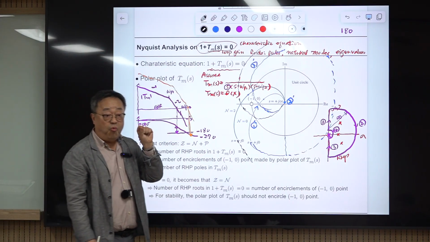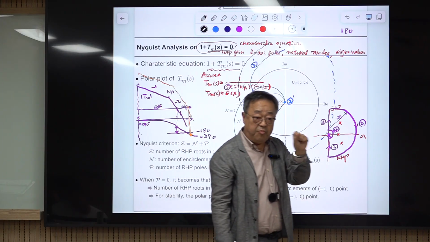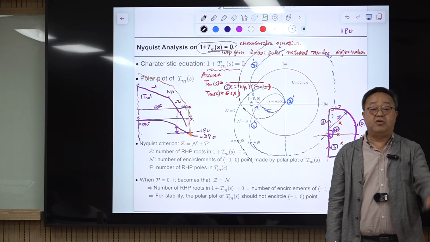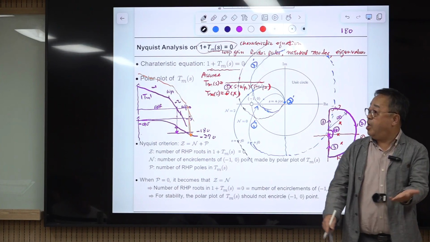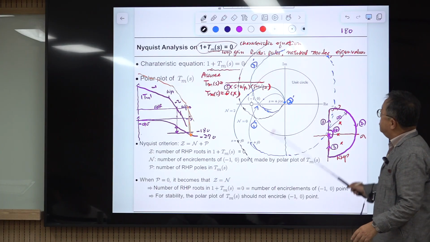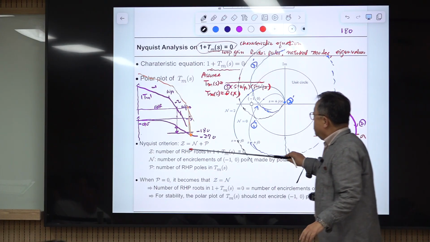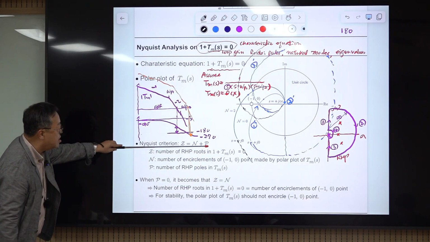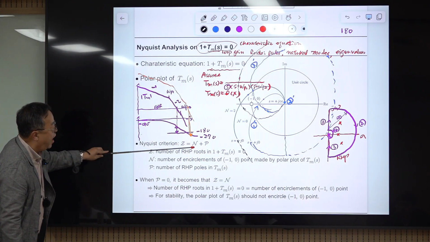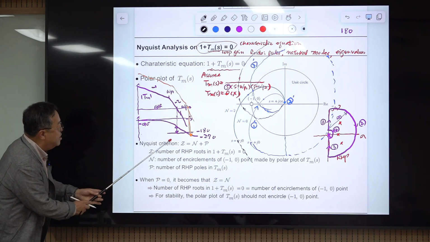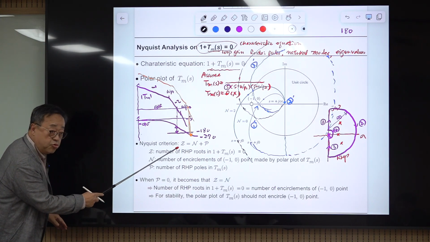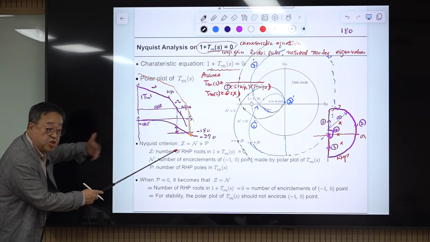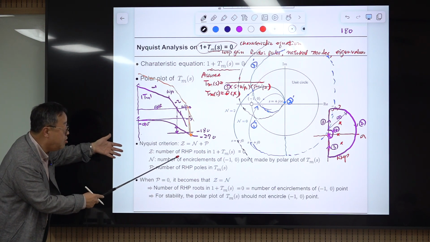If there is any number other than 0, then you are in trouble. So the stability requirement is written here. The Nyquist criterion is summarized like this: Z equals N plus P. Z is the number of right-half-plane roots, which should be 0; otherwise the system is unstable.